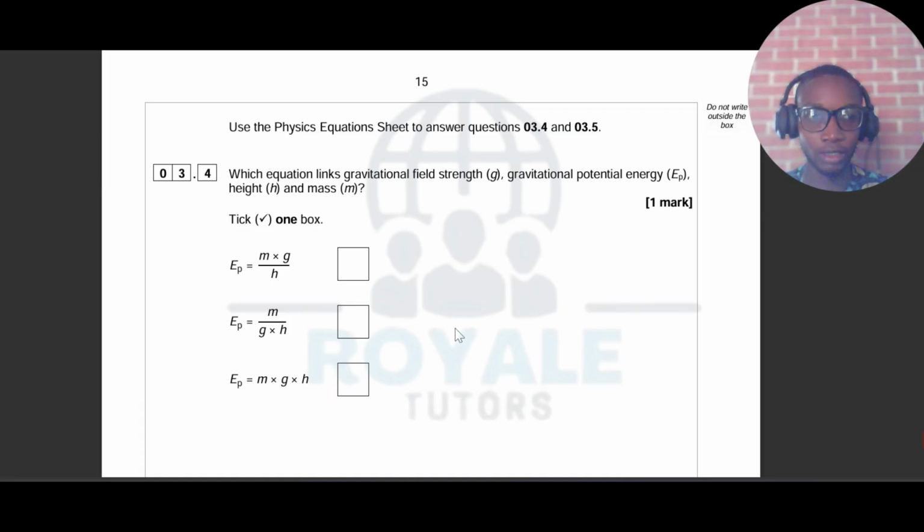If you think about it, the answer is this: gravitational potential energy is equal to the mass times the gravitational field strength times the height. And that's what we learned in energy and energy stores.